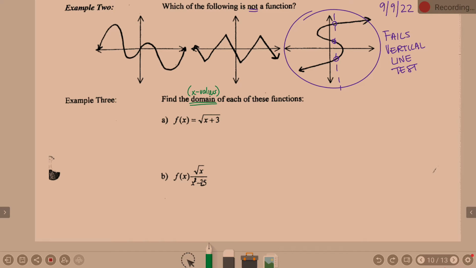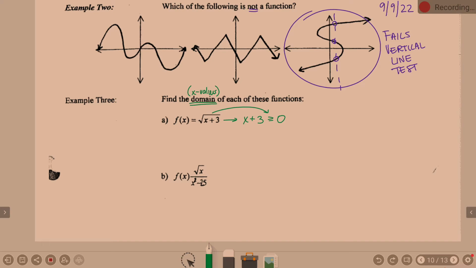What's under the square root? x plus 3. And so to make that nonnegative, we're going to say greater than or equal to 0. So this is one way to find the domain. If you have something in a radical, set it greater than or equal to 0.